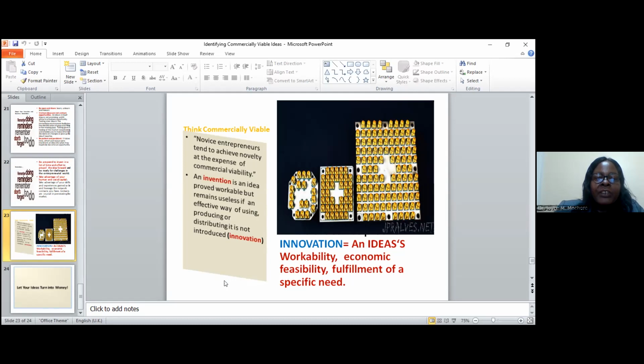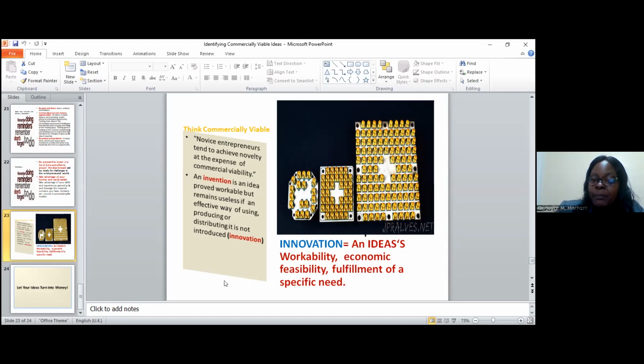Remember this: an invention is an idea proved workable, but it remains useless if an effective way of using, producing or distributing it is not introduced. Innovation is when you go a step ahead to make that idea effective or functional. I've just noted that innovation is equal to an idea's workability.